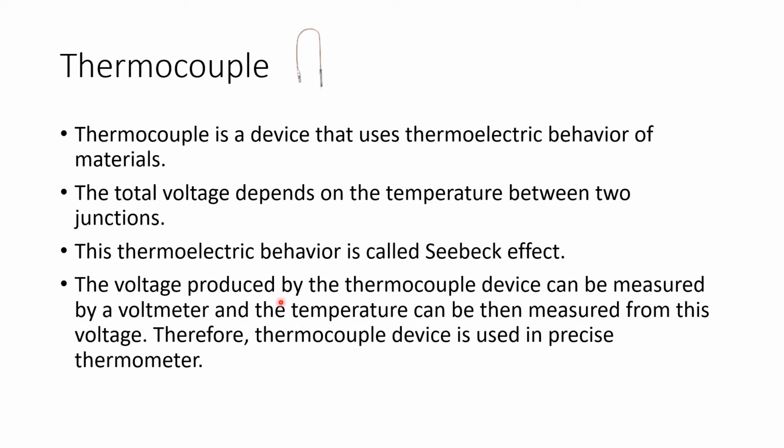The voltage produced by the thermocouple device, you can measure it. Since we're dealing with voltage, we're going to use a voltmeter to measure it. Voltage is electric potential, and that electric potential comes from differences in temperature, so we can also measure temperature after getting the voltage.